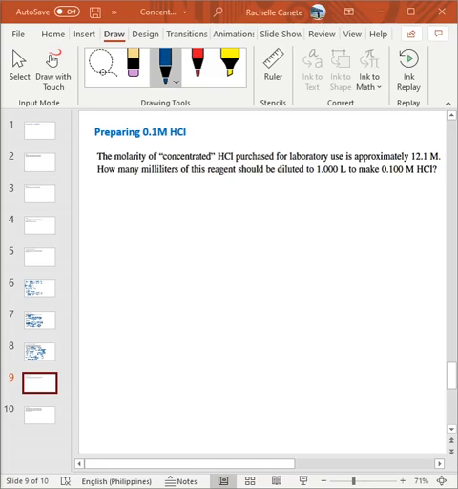Dilution is very useful in analytical chem. So when do you use dilution? For example, you are doing an experiment and you need to use this reagent, this 12.1 molar HCl, for several days.